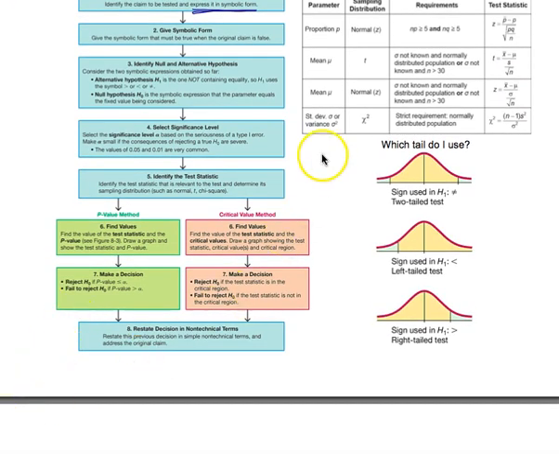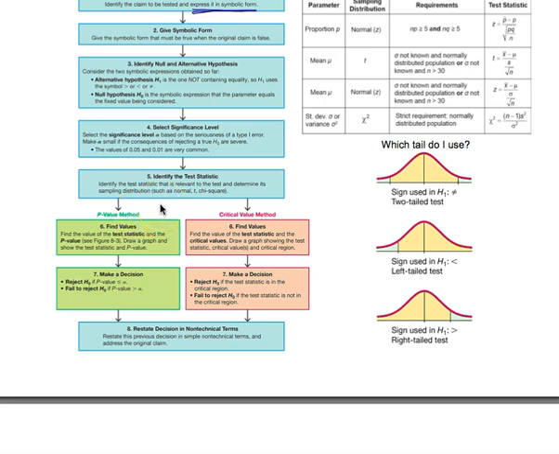The other thing that you have to know when it comes to hypothesis testing is what type of tail we use. When we are doing these hypothesis tests, it's going to ask you in your calculator whether to use a right-tailed, left-tailed, or two-tailed test.